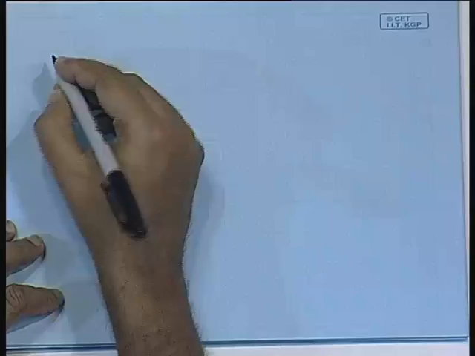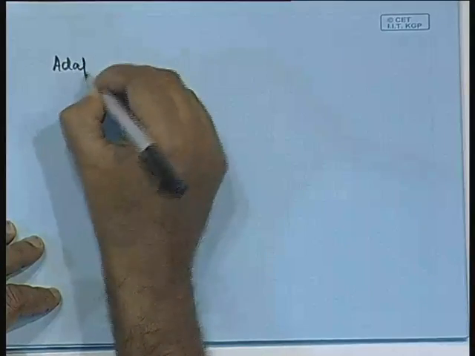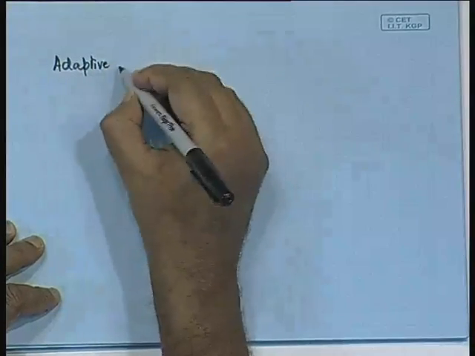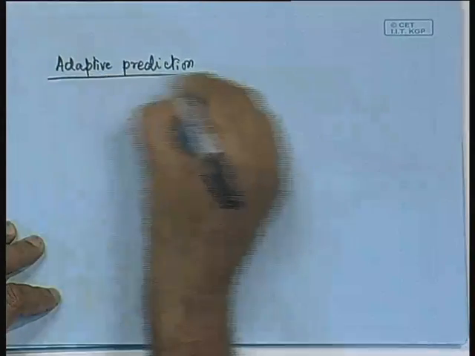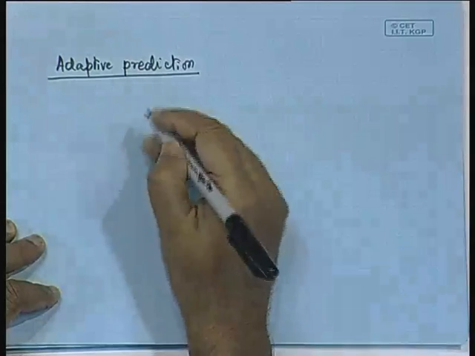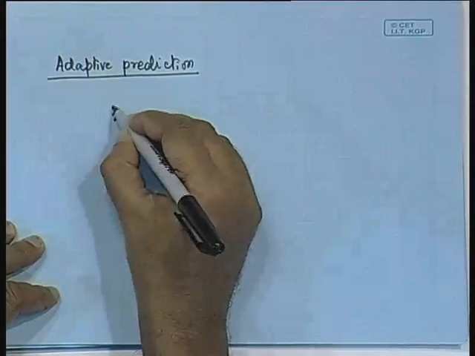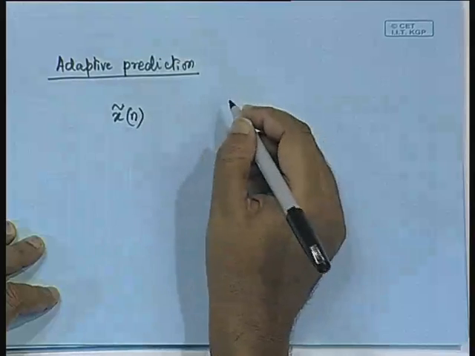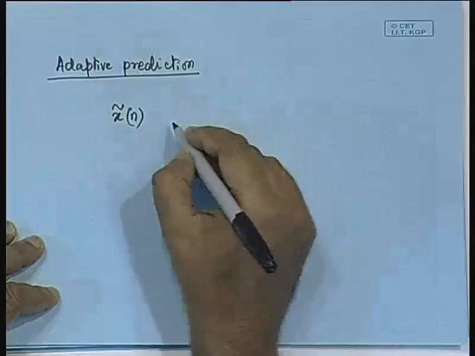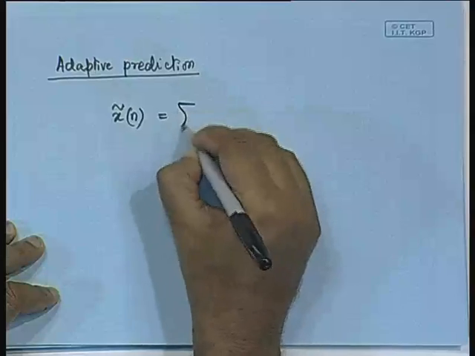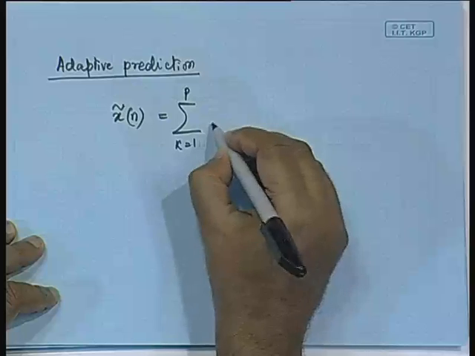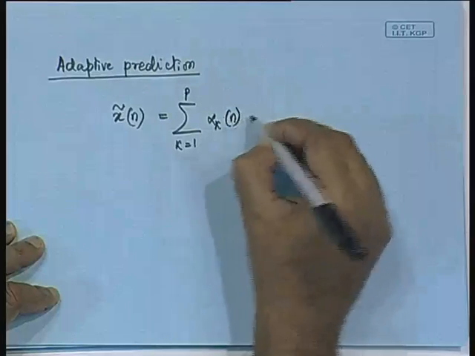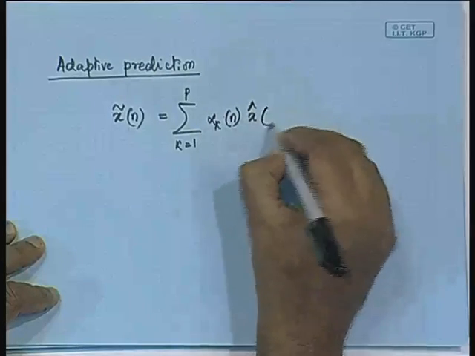So, for the case of the adaptive prediction, one can write down a general expression for the predicted waveform, that is x tilde of n. This could be written as a summation series k is equal to 1 to p alpha k of n into x cap n minus k.